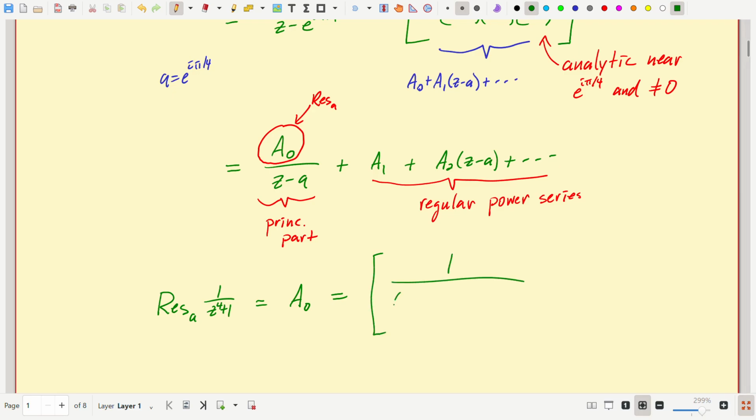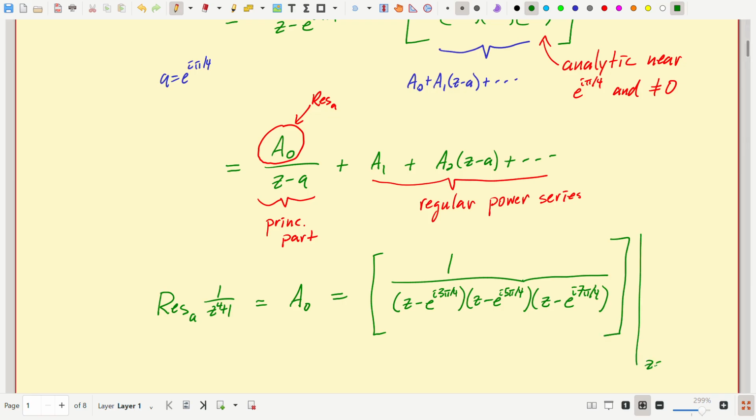It's 1 over, those are the other zeros, so we'd have z minus e to the i minus 3 pi over 4, times z minus e to the i 5 pi over 4, last one, z minus e to the i 7 pi over 4, evaluated at z equals e to the i pi over 4.